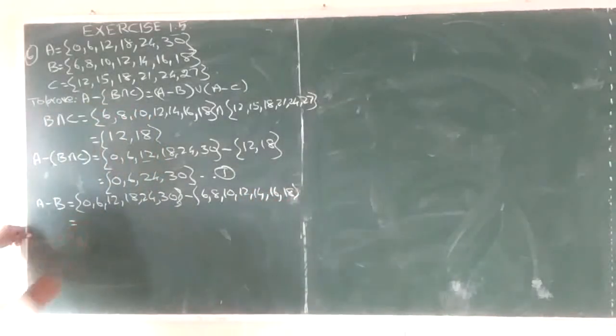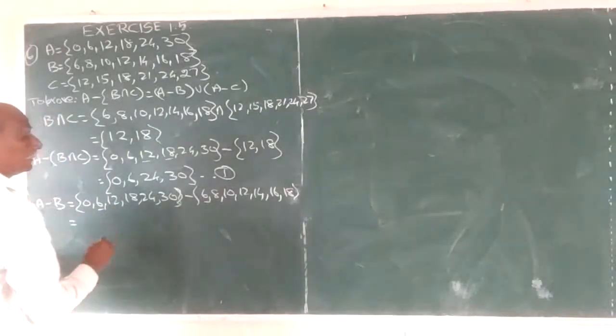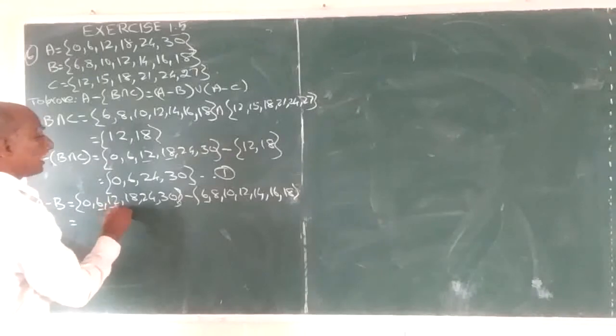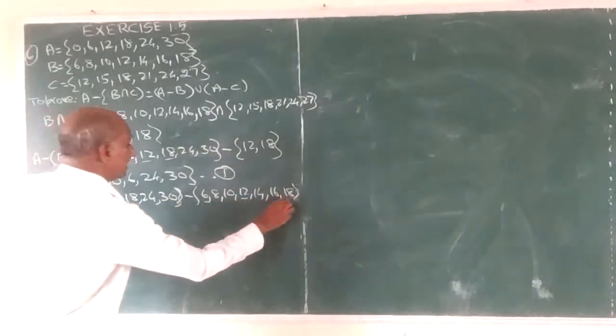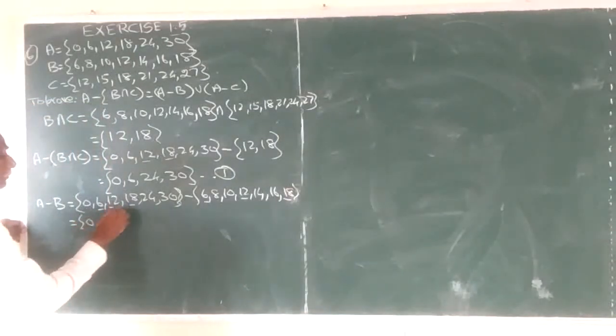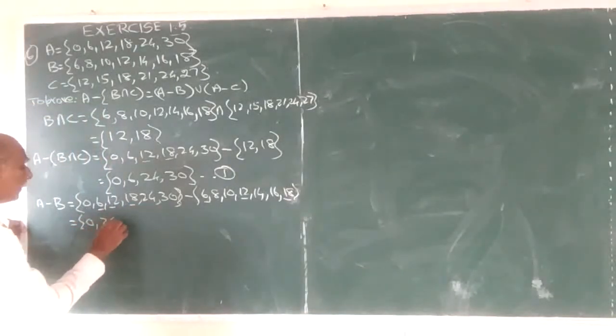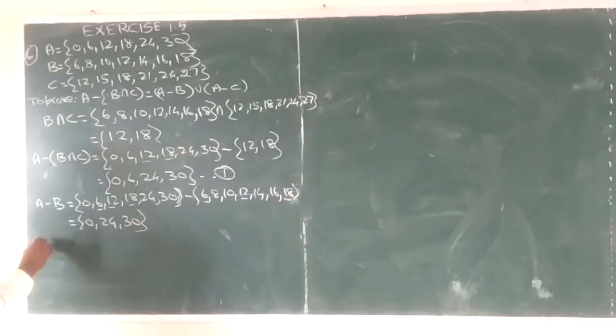Now find the difference. 6 is there, then 12 is also there, then 18 is also there. So the remaining numbers are 0, 24 and 30.